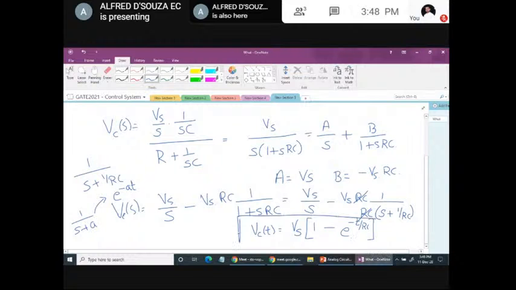So this is the equation for capacitor charging. This is very, very important. You will have to remember this equation. So many questions in the GATE examination will have capacitors, so you'll have to remember this capacitor charging equation.